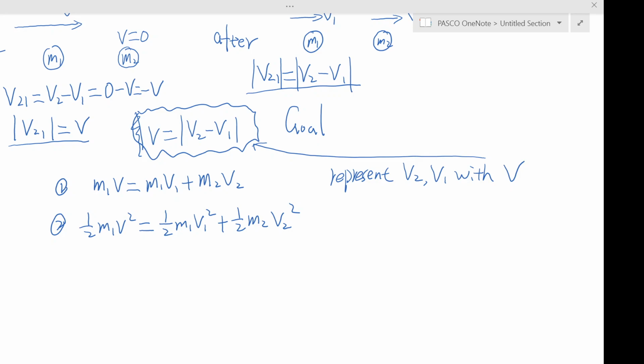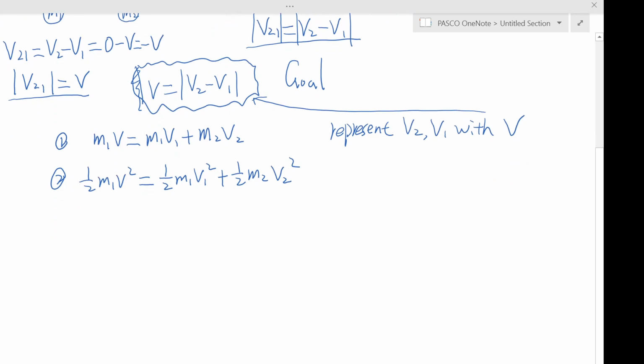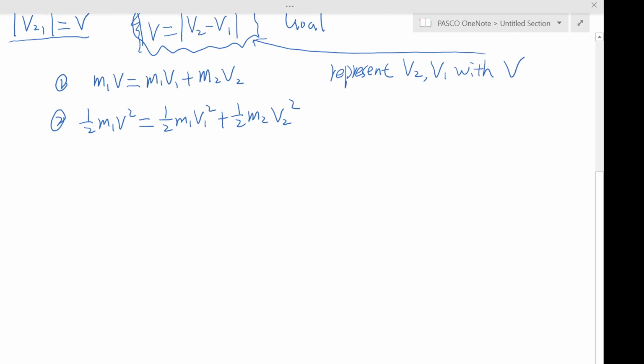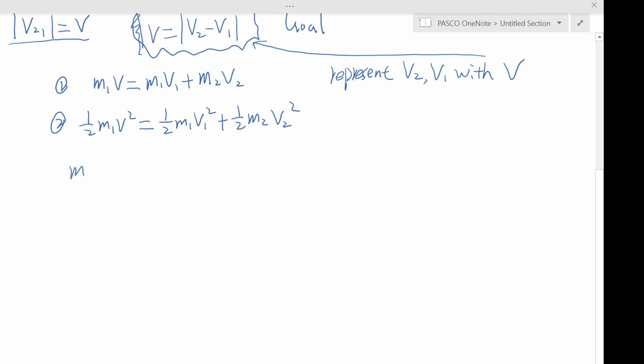Alright, so I have two equations, I have two variables, v1, v2, and I can solve it. First of all, I'm going to rewrite the first equation and get v2 by itself. Basically, I'm going to have to move m1 v1 to the left first.